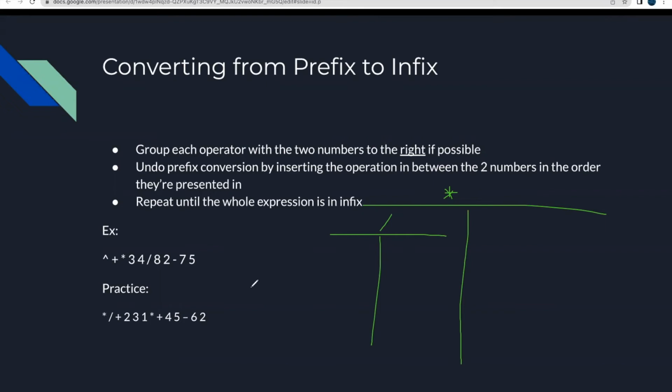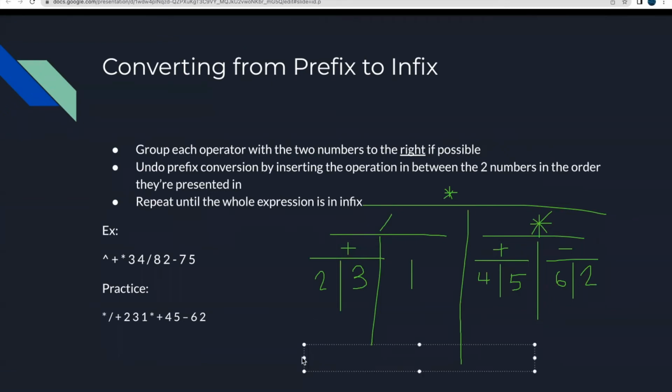So, okay, we're gonna keep going to the left. And then finally, when we write our answer, this is going to become 2 plus 3, 2 plus 3.